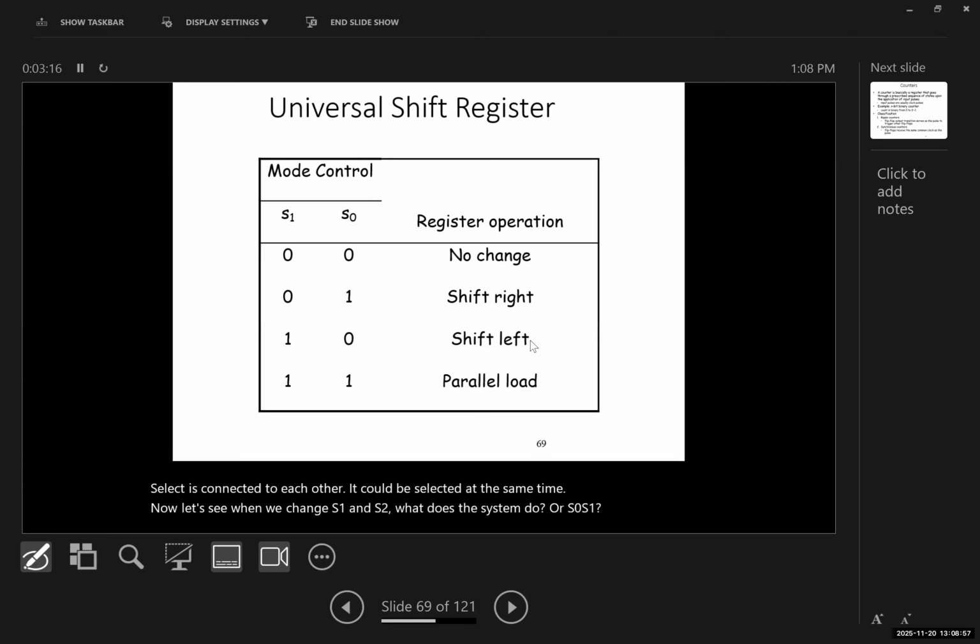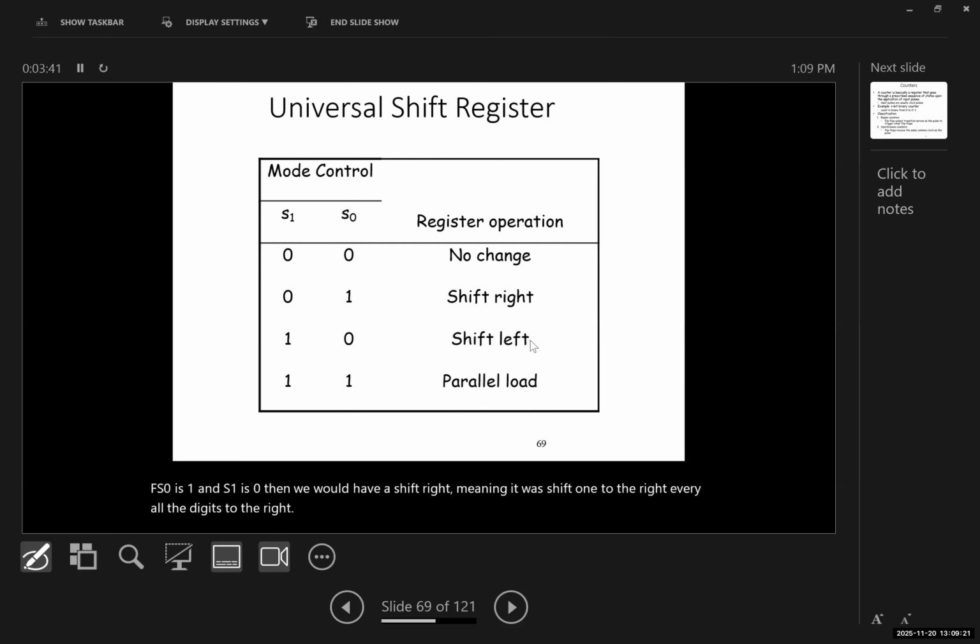So the select points control the mode of the register. If it's 0, 0, then we would have no change, meaning we would maintain the data, and it works like a memory. It's normal memory. If S0 is 1 and S1 is 0, then we would have a shift right, meaning it will shift all the digits 1 to the right.